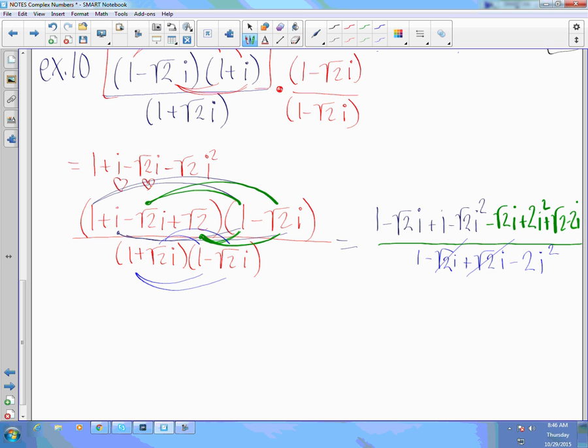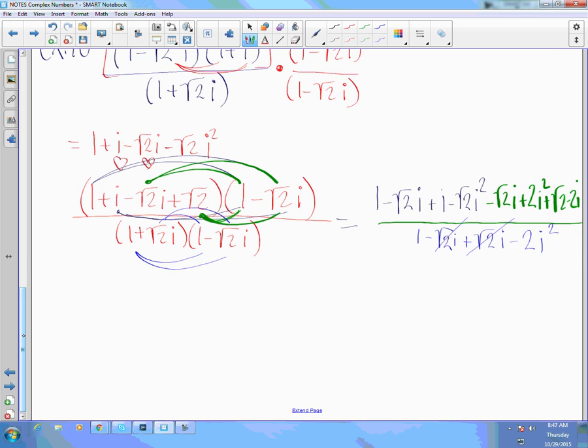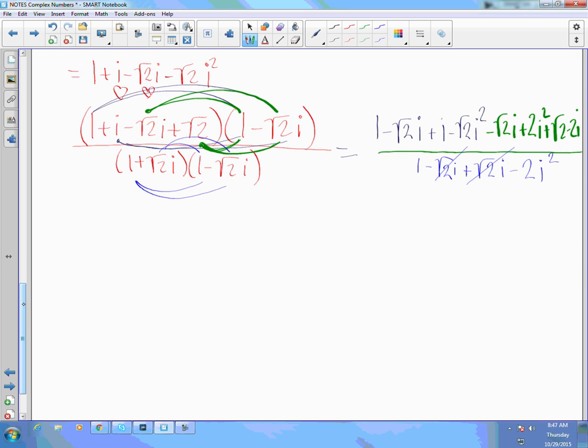So the next line, I'm going to fix all my I squareds. In the numerator, actually, let's see if there's anything that cancels out automatically. I don't think I see any that cancels out. 1 minus 2I plus I minus root 2.